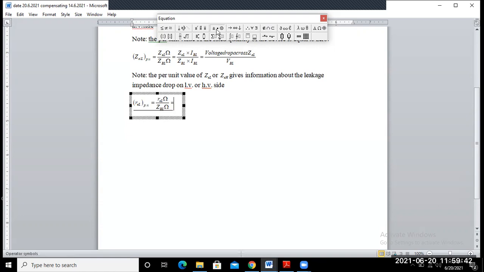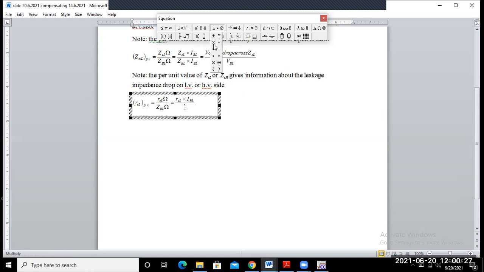So if you multiply by I_BL square in numerator and denominator, we get R_EL into I_BL into I_BL divided by Z_BL into I_BL into I_BL.